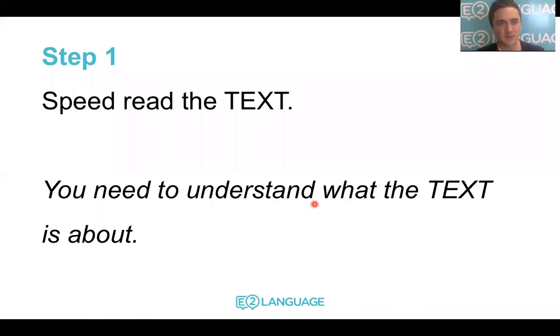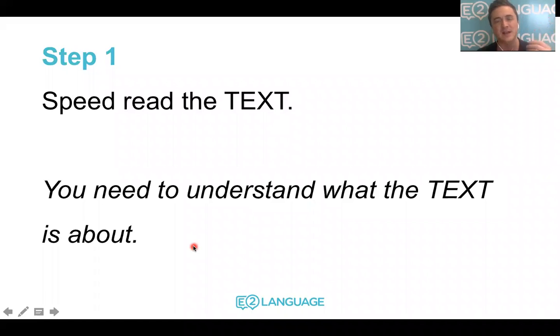Step 1, multiple choice. We're just going to first look at choose single answer, and later we'll look at multiple answers. This is multiple choice, choose single answer. Step 1 of the method. Speed read the text. Okay, this is the first thing you should do. You need to understand what the text is about.